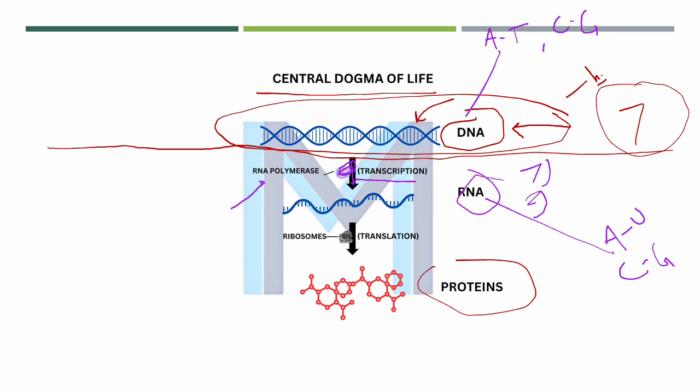Now, once this reaches a termination signal, then transcription ends. And the newly formed pre-messenger RNA undergoes processing. Now, this includes removing introns, which are non-coding regions, and splicing together exons, which are coding sequences, forming the final mRNA.